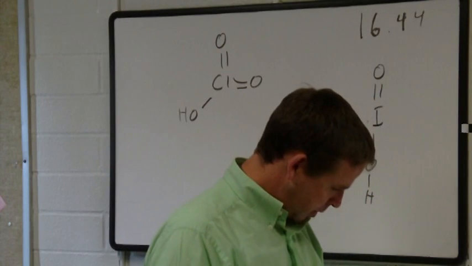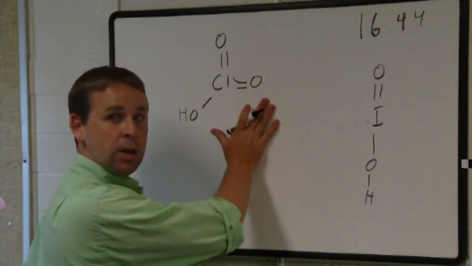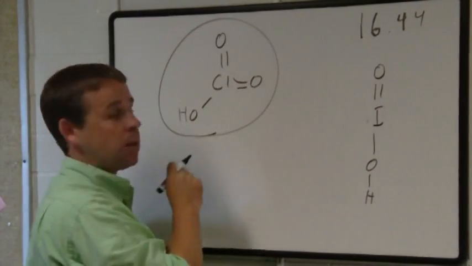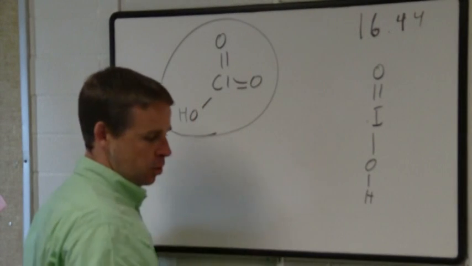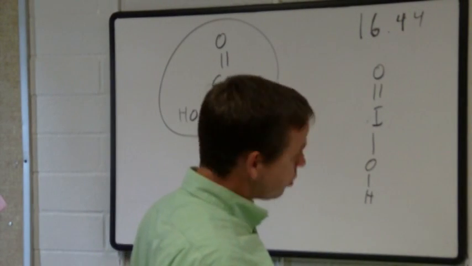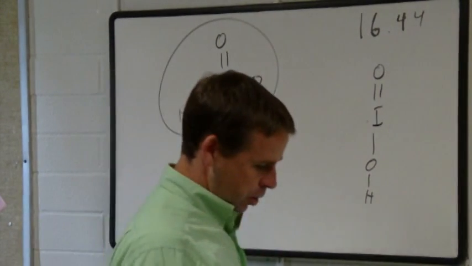HIO2 and HClO3, yeah. In this case, this one has to be the stronger acid, right? It has more oxygens and it has the more electronegative center. So for both reasons, we can identify that this one is the stronger acid.